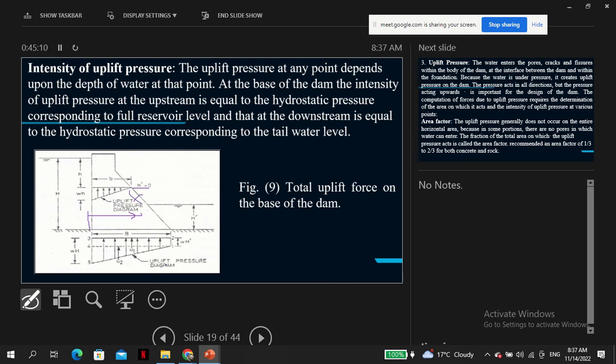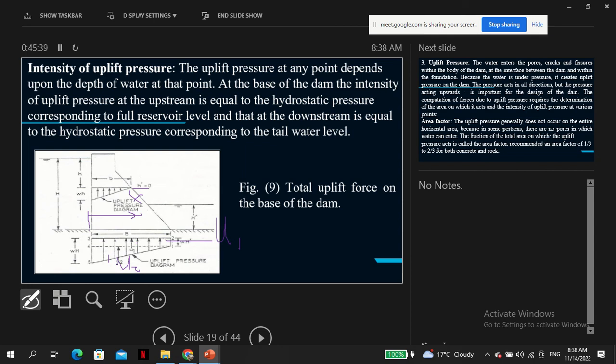Let's call the uplift force from this part U1, and the uplift force here U2. Those are just the areas of the pressure diagram. You don't multiply by gamma; the area of the pressure diagram is okay.